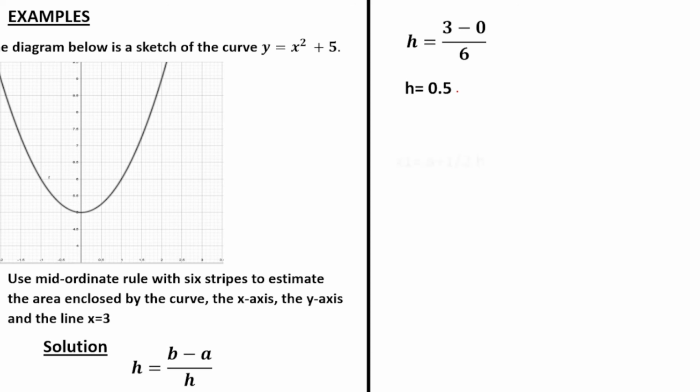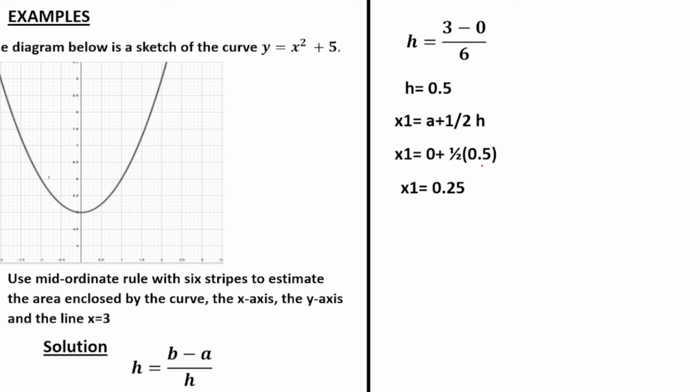The first x we said is always given by a plus a half of h, and a in this case is 0. Then we add a half of h, that is 0 plus a half of 0.5, which is equal to 0.25. So our first x is 0.25.